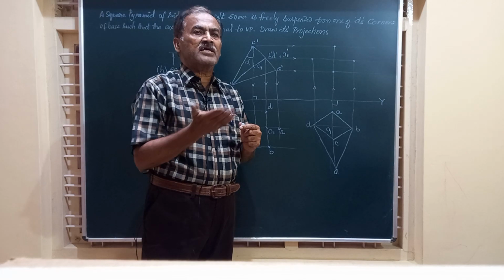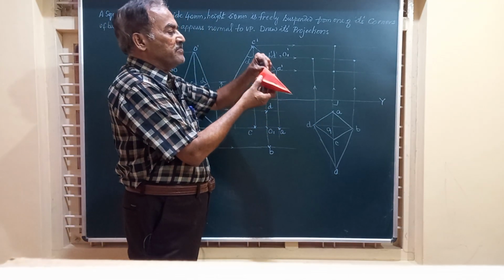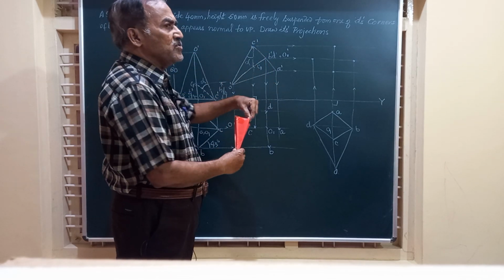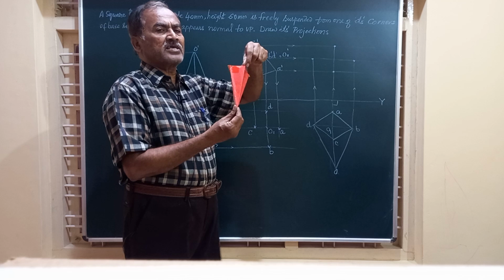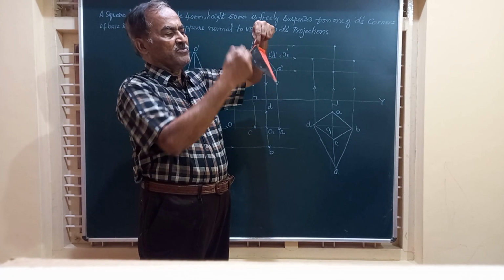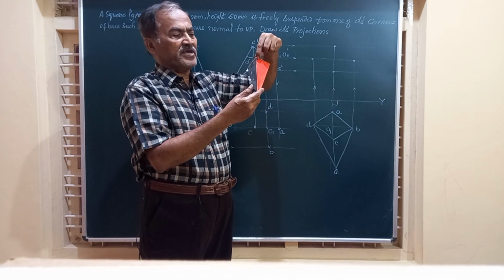Friends, here now it has to be freely suspended. That means the object will be in space, so it will not be touching the ground. So we have to suspend this, say, by a small thread, so that it will be something like this in front of you. So what do we do, friends?